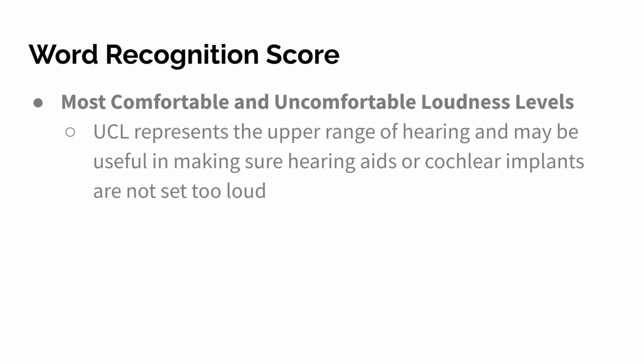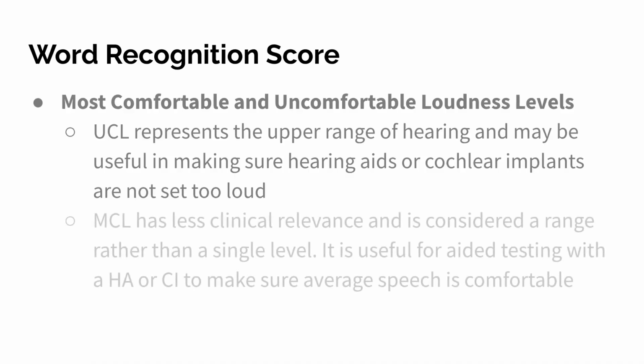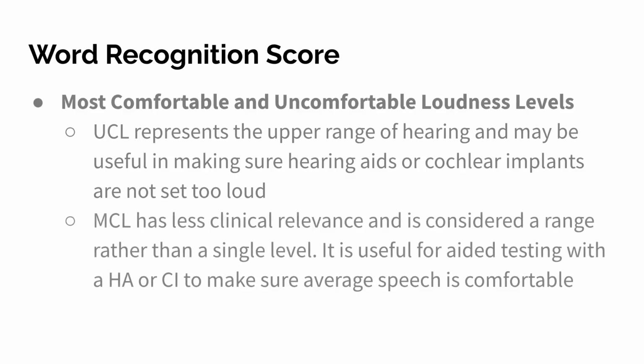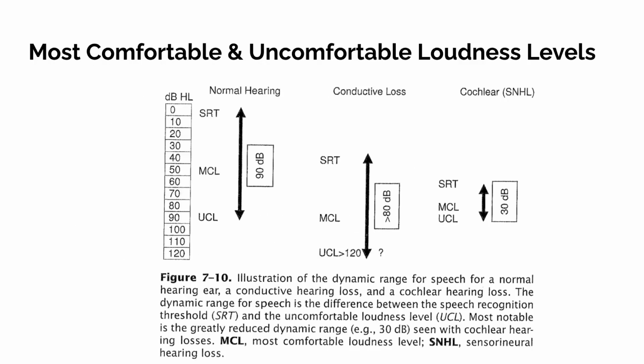UCL represents the upper range of hearing and may be useful in making sure hearing aids or cochlear implants are not set too loud. MCL has less clinical relevance and is considered a range rather than a single level. It's useful for aided testing with a hearing aid or cochlear implant to make sure average speech is at a comfortable level.